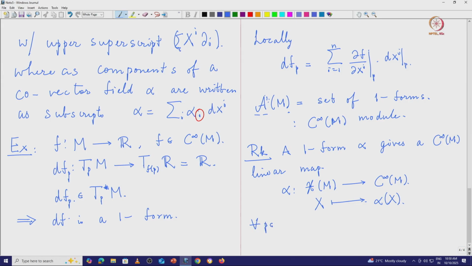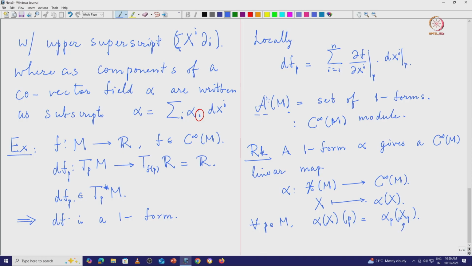For all p in M, the value of this function at p is precisely alpha p applied to Xp. Remember, alpha p is a covector in the cotangent space, so it gives you a linear function on the space of vectors.